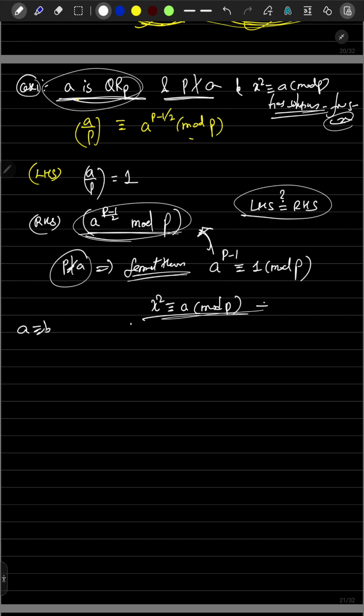We know that if C is congruent to D mod M, then C cubed equals D cubed mod M. Why so? If I multiply three times, it becomes like this, so it works for any power k. Similarly, I am raising to the power (P-1)/2. So what will happen?